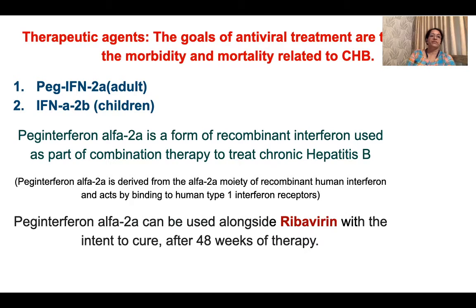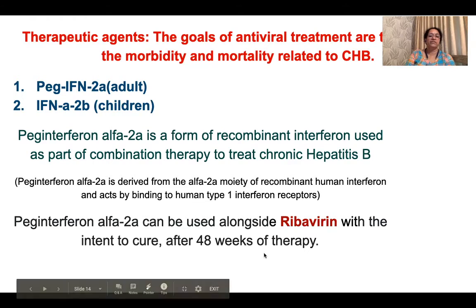This PEG-IFN-2A means pegylated interferon alpha 2A, which is a form of recombinant interferon used as a part of combination therapy to treat chronic hepatitis B. This pegylated interferon alpha 2A is derived from alpha 2A moiety of recombinant human interferon and acts by binding to human type 1 interferon receptors. Pegylated interferon alpha 2A can be used alongside with some drugs like ribavirin with the intent to cure after 48 weeks of a therapy.